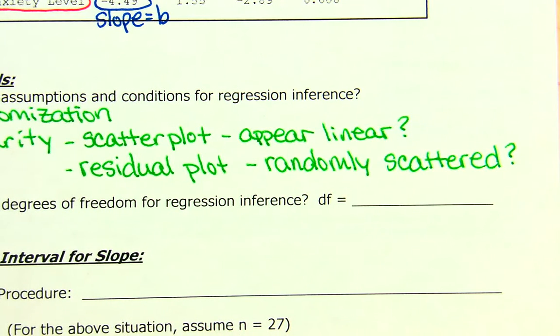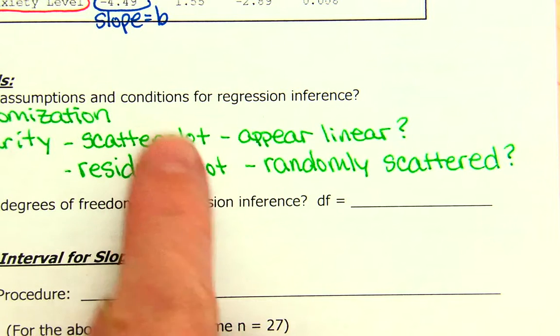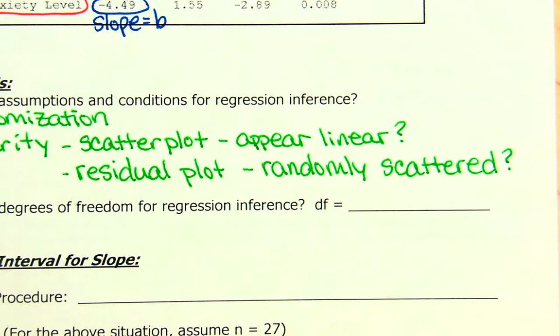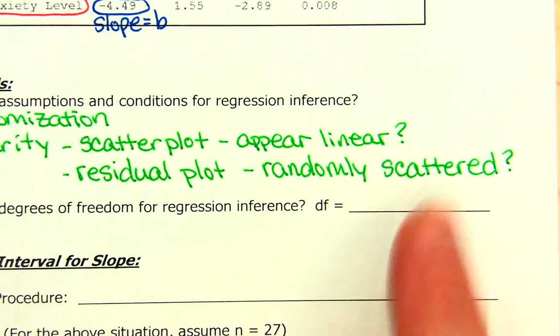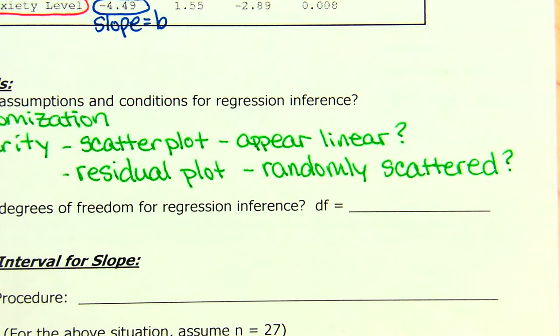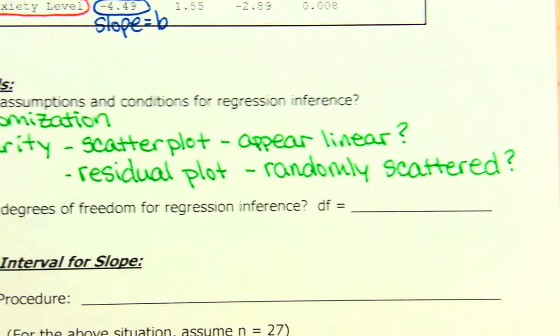You have to show which one you're doing. They will not be able to tell the difference between these unless you tell them this is a residual plot or this is a scatter plot, and it appears linear and it appears randomly scattered. You need to explain what you've drawn and what you're looking at. That will take care of our conditions.